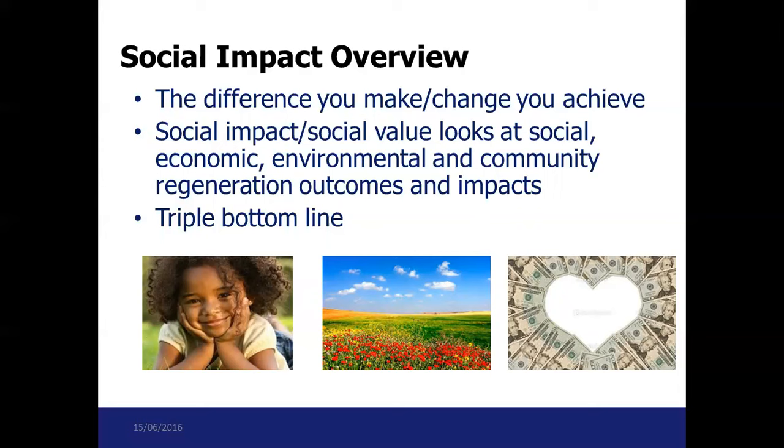The first one is looking at the social impacts that you have, so the changes that you make to people. The second one is looking at your economic impacts, so the impacts that change the economy. So if you employ people, provide training, which means people can earn more money, those kind of financial impacts.